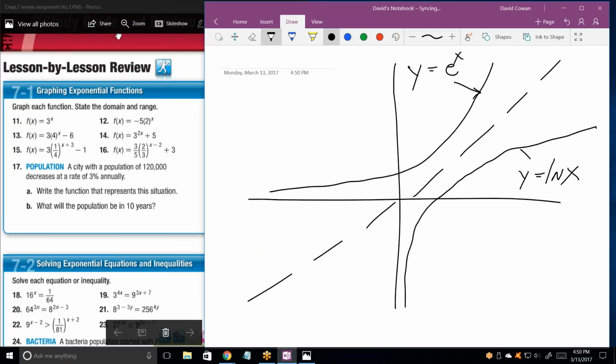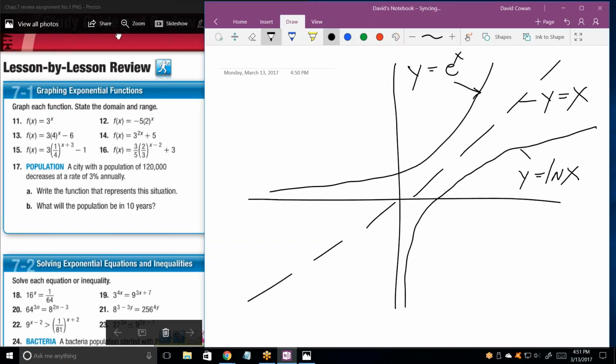Those are inverses of one another, and whenever you take the inverse of a function, you switch the domain and range. Also, they are reflections about the line y equals x. Notice the bottom black curve is a perfect reflection of the top black curve.